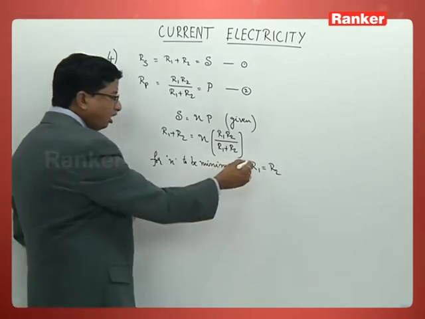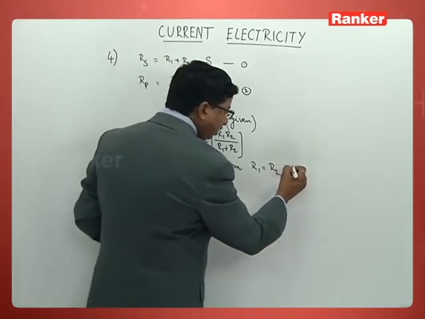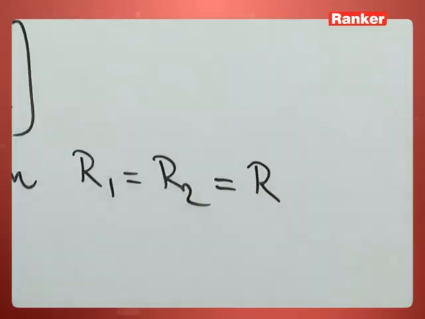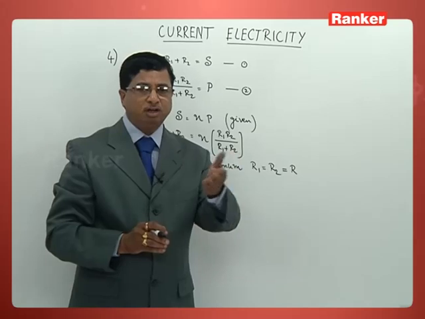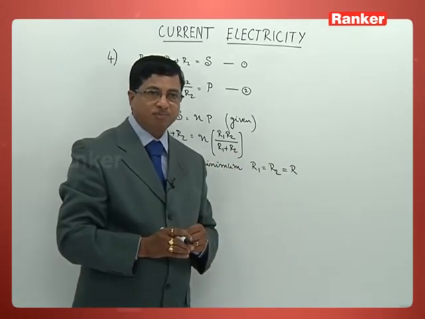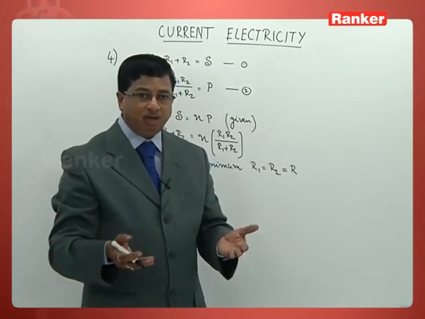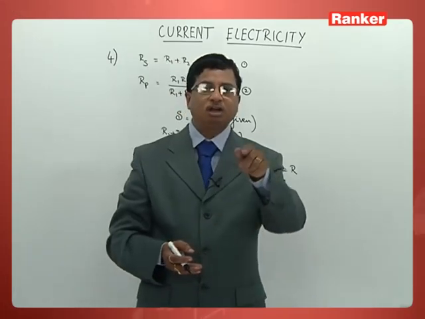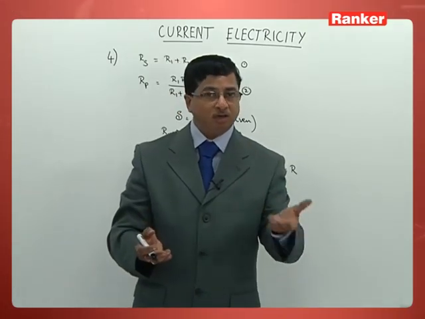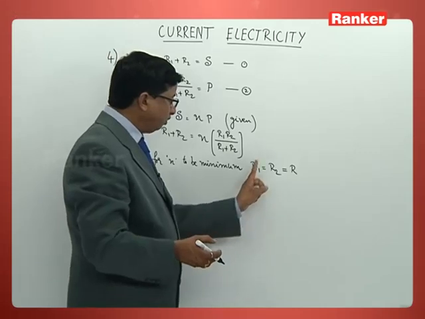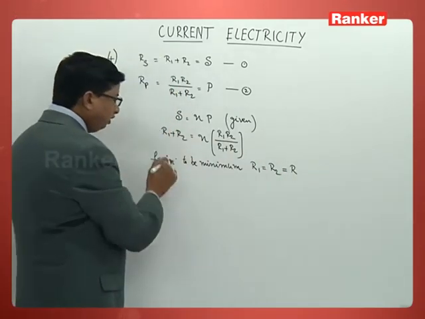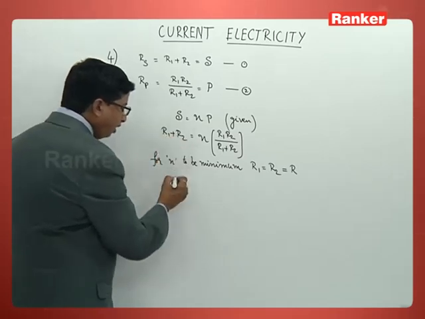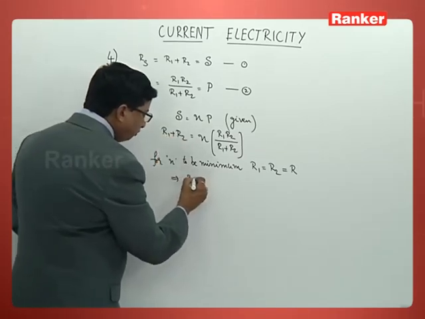So when R1 and R2 are equal, can't I write each one of them as R only? When R1 is different from R2, I can use the numbers 1 and 2. When they are equal, why call R1 separate and R2 separate? I take them as R only. So R1 is equal to R2 is equal to R. Just substitute those values here. R1 plus R2 now becomes 2R.